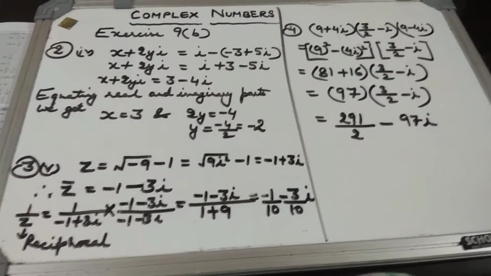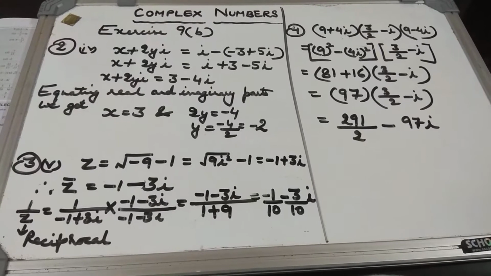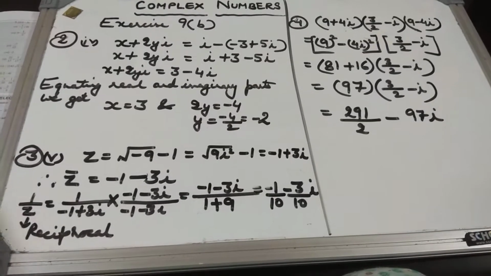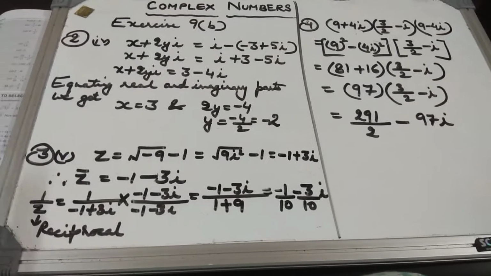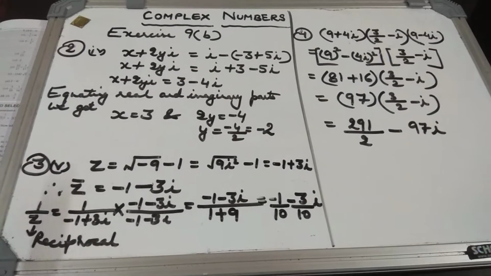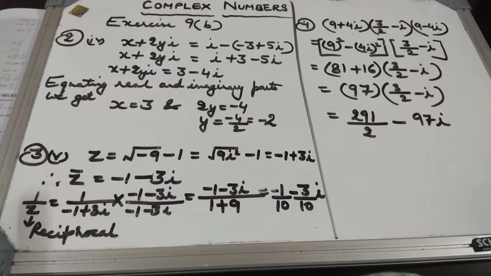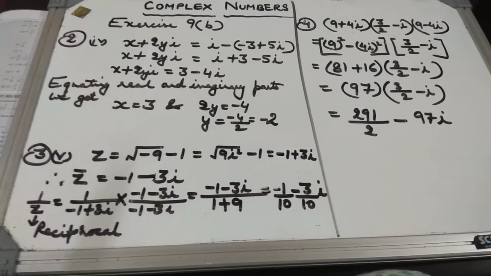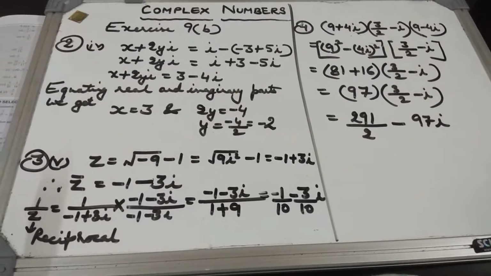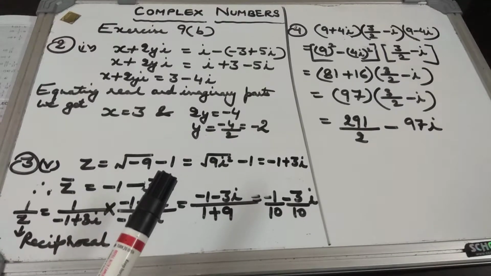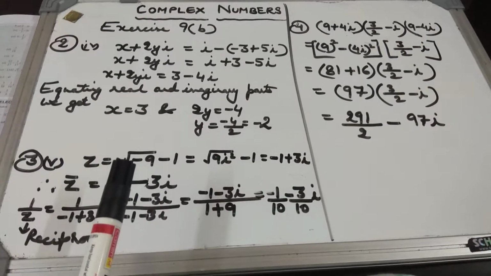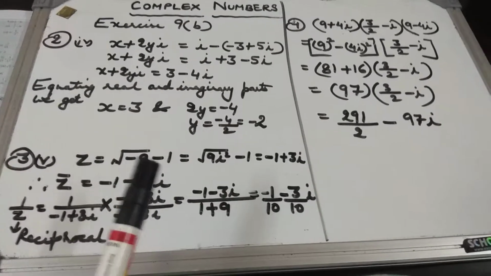In question number 3, they have asked you to write down the conjugate of the number and the reciprocal of the number. Now I told you just now, conjugate means change the sign of the imaginary part. Real part sign will remain as it is. So first and foremost, put the complex number in the proper form, that is x plus iy form. Now how to do?